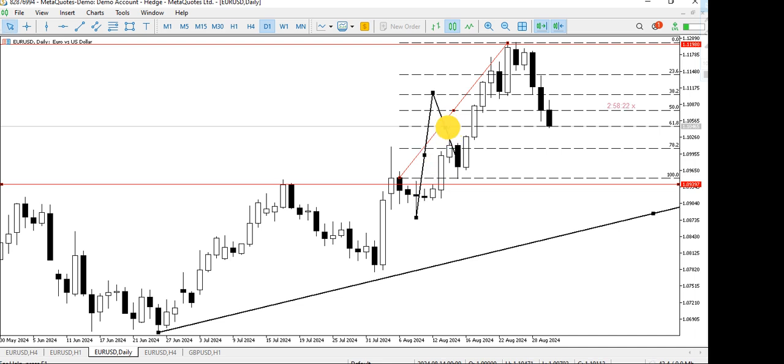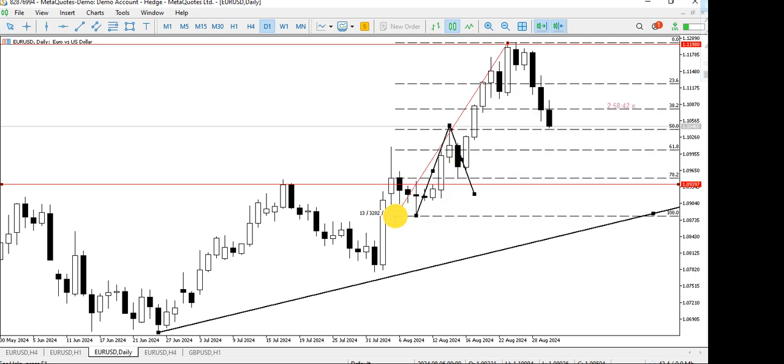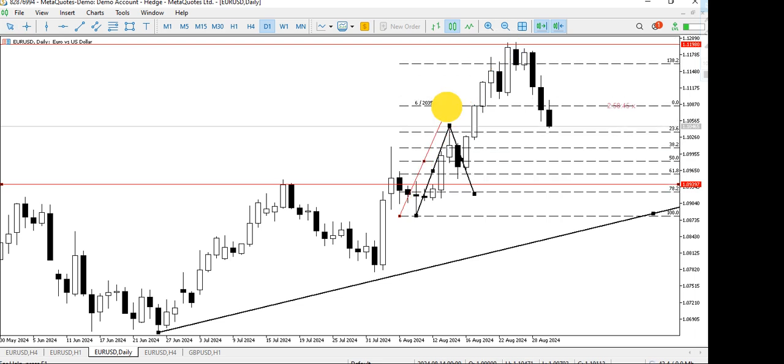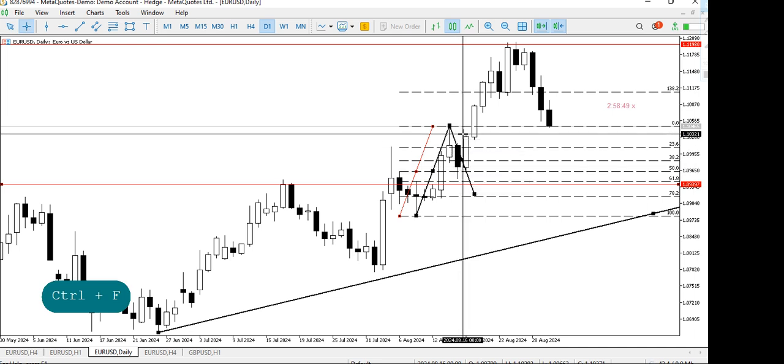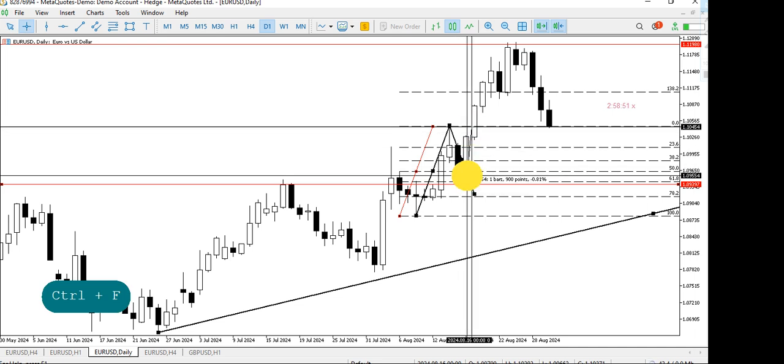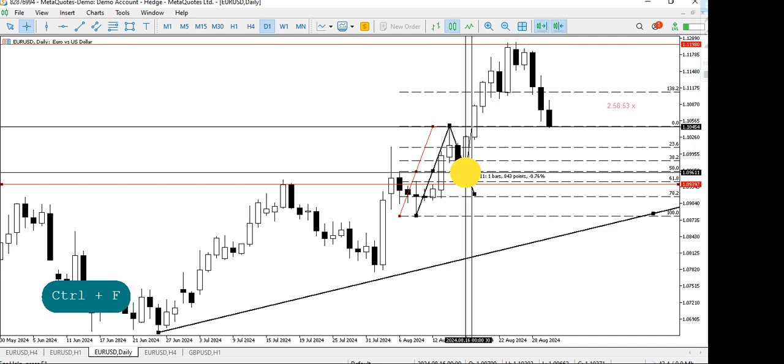There's supposed to be a pullback, right? I'm not saying price does that all the time, but what makes a pullback valid is that it must do at least 50% of the swing of the larger move. You would see price did 50%, almost 61.8, so that's why this is valid.